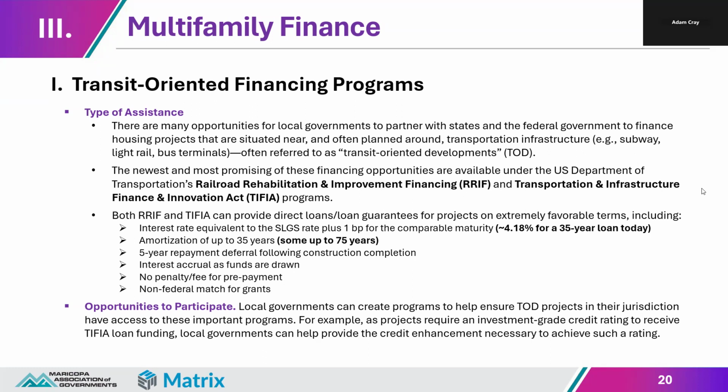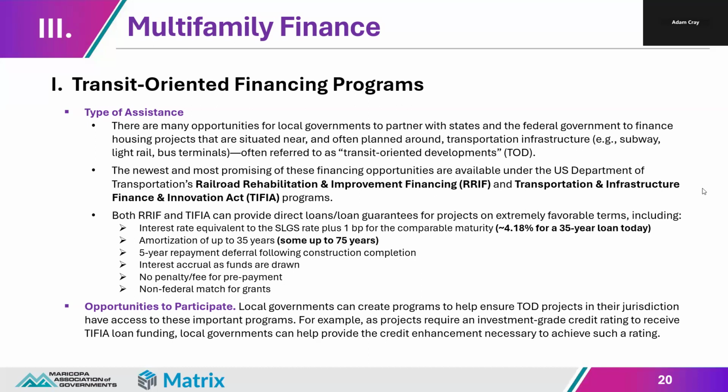Often LOCs are going to be 100 basis points a year. So really there's opportunity for local governments to step in on those kinds of projects and say, all right, we will provide a portion of the credit enhancement that will allow you to get to an investment grade rating on this project, which will in turn allow you to access these incredibly low interest rates.